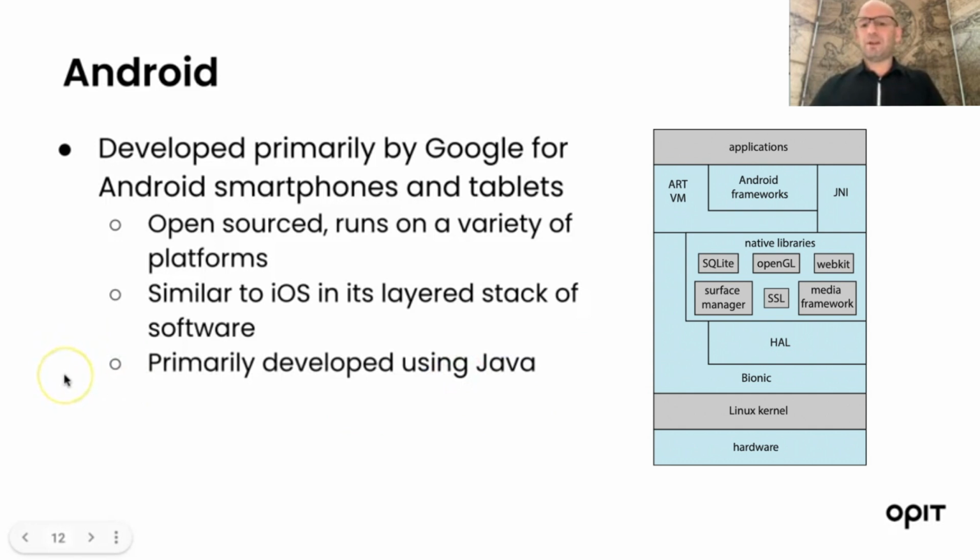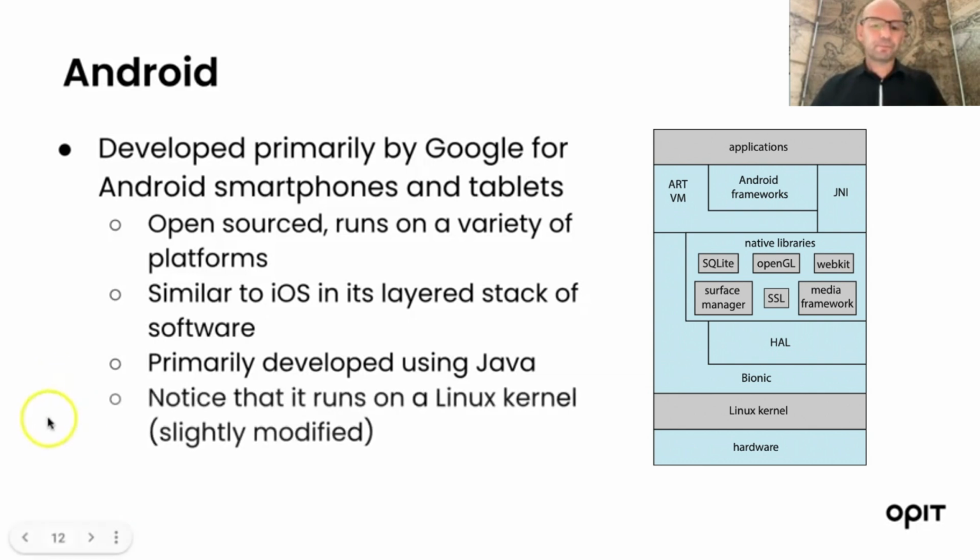So if you're an application developer developing Android applications, then you need to have a good understanding of the Java programming language. And again, notice that it runs on a Linux kernel, although it's slightly modified. So it's optimized for efficiency, memory usage, and power management, of course.